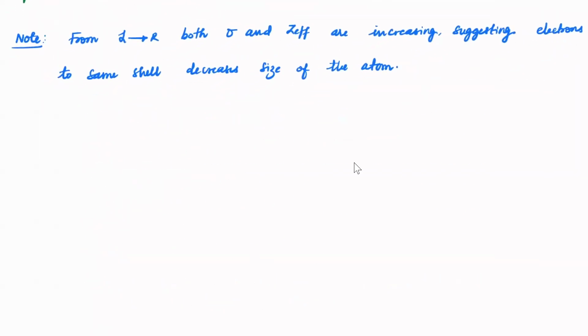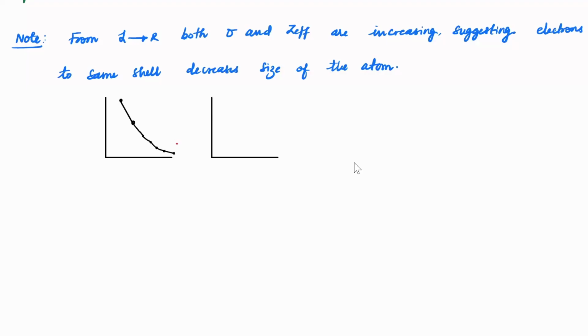Okay, a general graph, if you see how the size varies with respect to various elements. Check here. If lithium is here, all the way beryllium decreases towards this end, then it decreases towards boron, slight decreases towards carbon, again decreases towards nitrogen, then to oxygen, and then to fluorine.